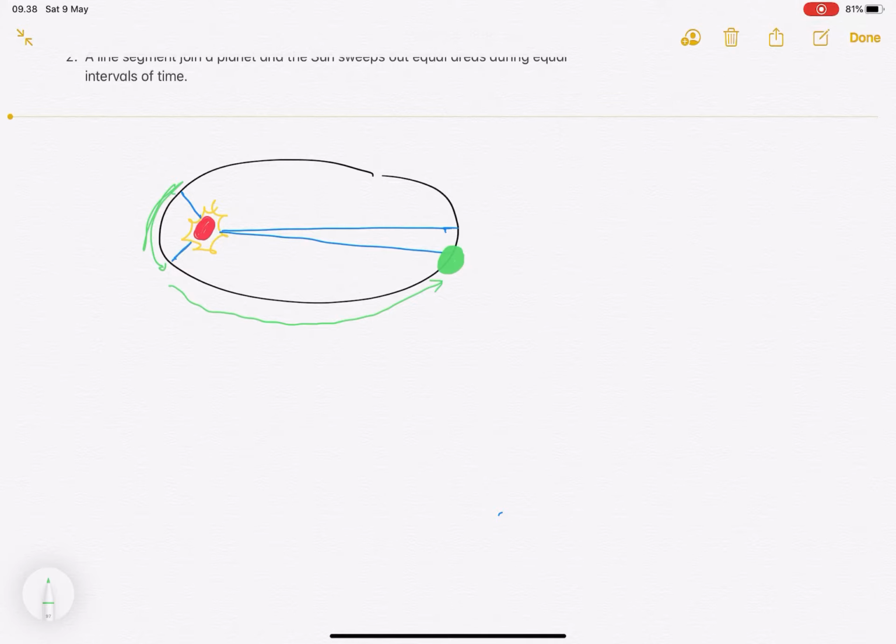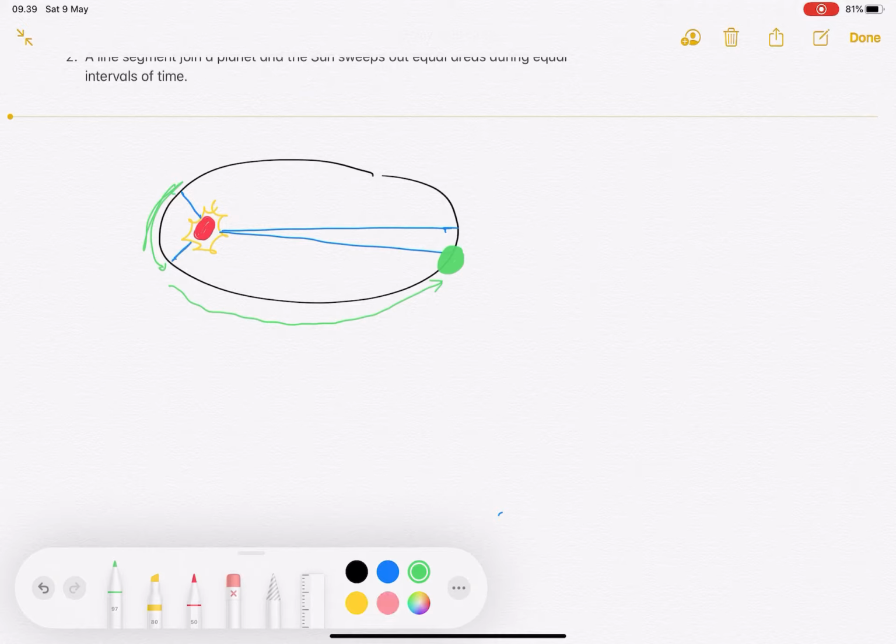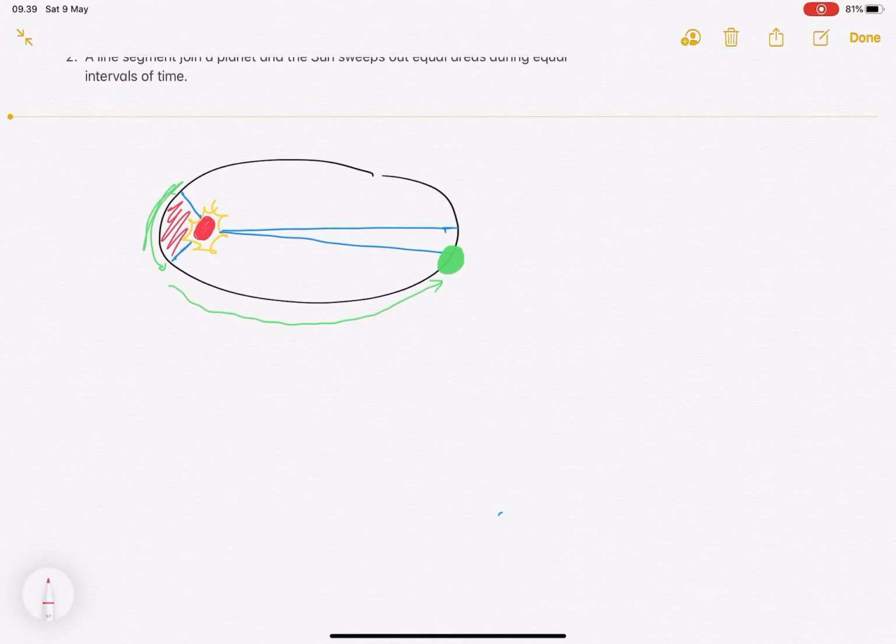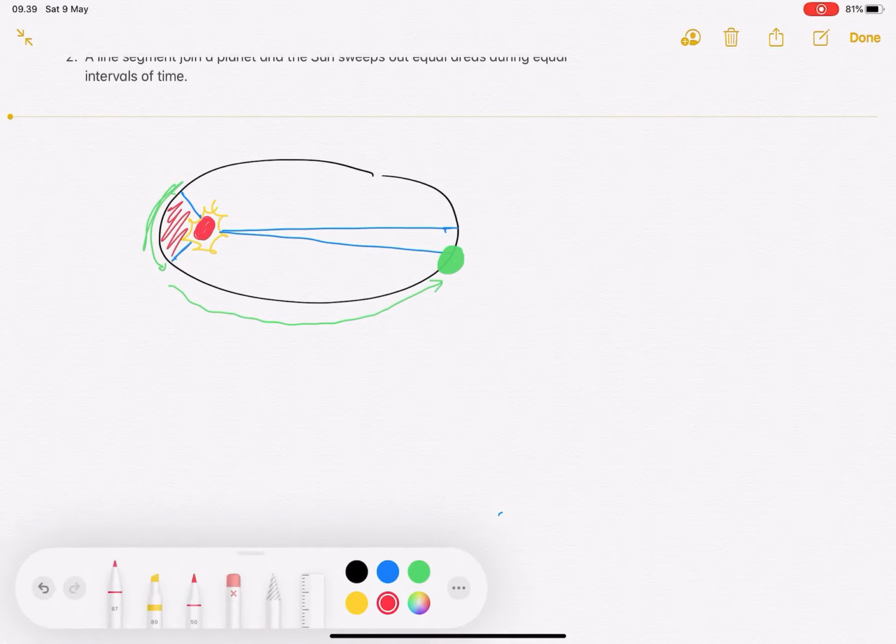What he was basically saying is that if you have two given areas of sectors of the ellipse, and they are exactly the same, then the time of travel between those two is the same.